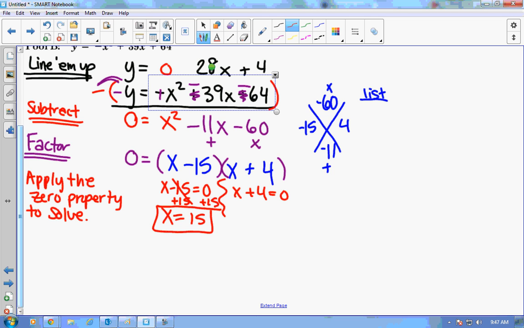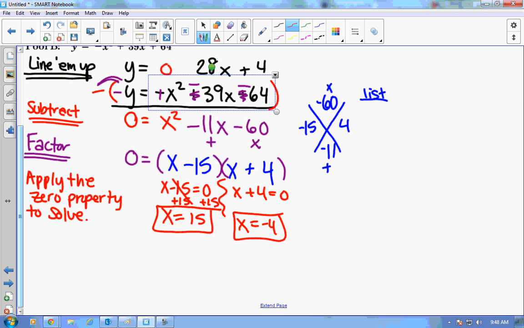If there's a negative 15, we would write positive 15. That would be 0. So Christine, what about this one? It's positive 4, so there'll be negative 4. There you go. Those are the two places where the graph will cross. Those are the x coordinates. But we need a point.